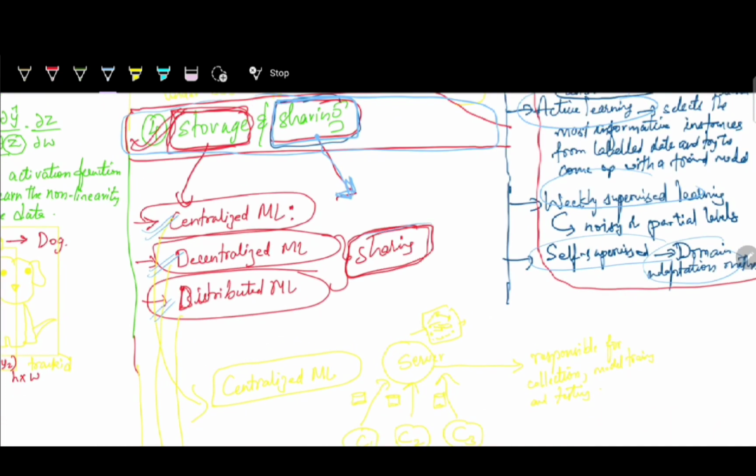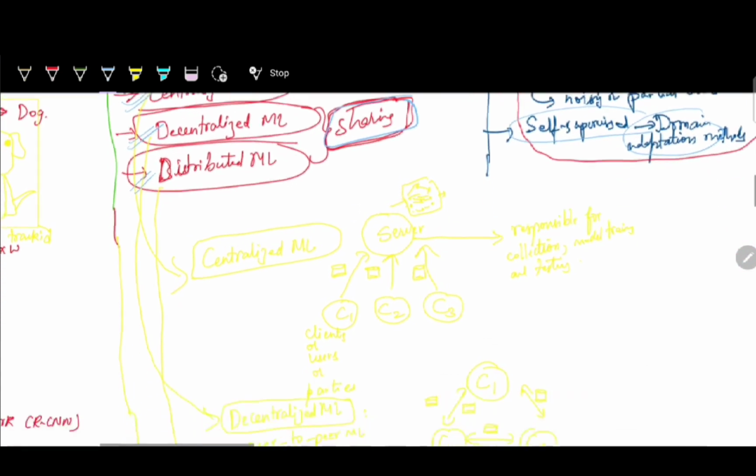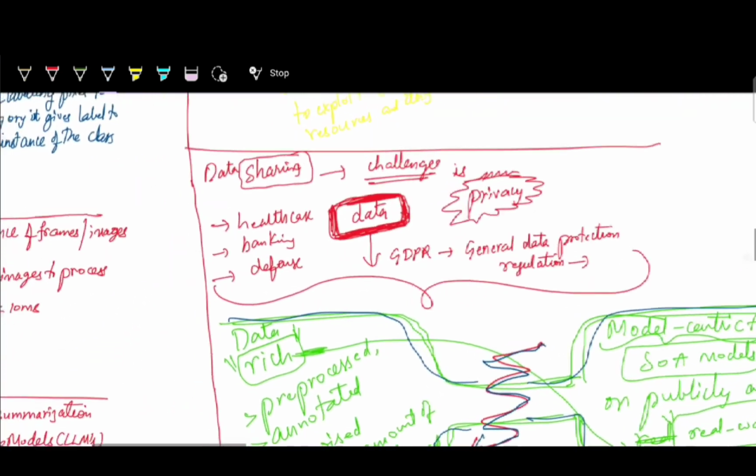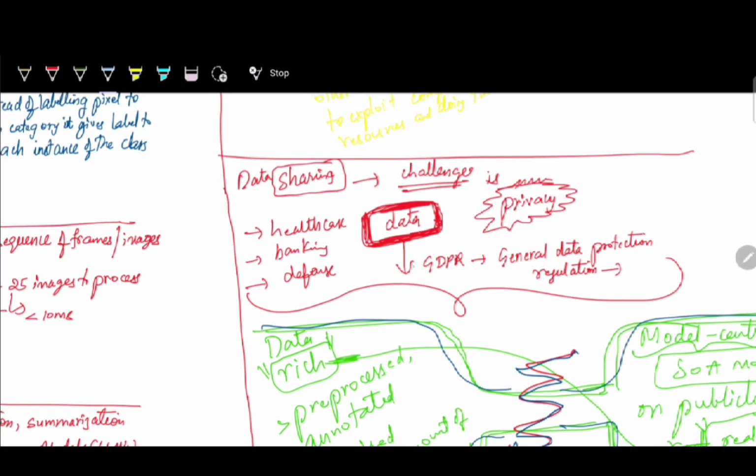And when data sharing comes into the picture, the problem that arises is privacy, data privacy. According to GDPR, the General Data Protection Regulation, certain data cannot be shared. In applications like healthcare, banking, and defense, data privacy is a very important thing.